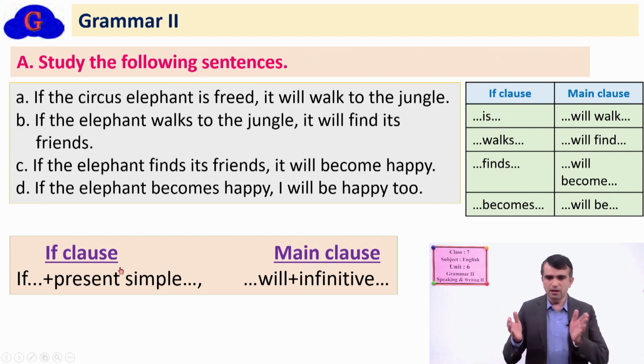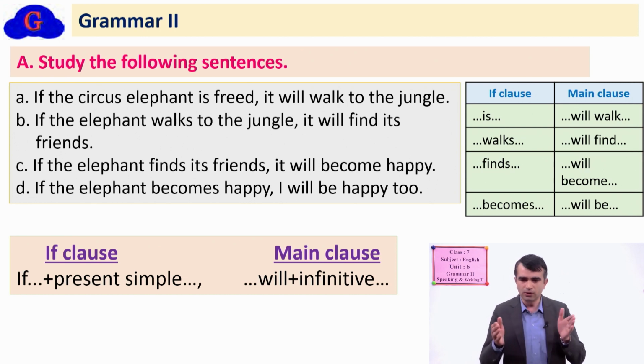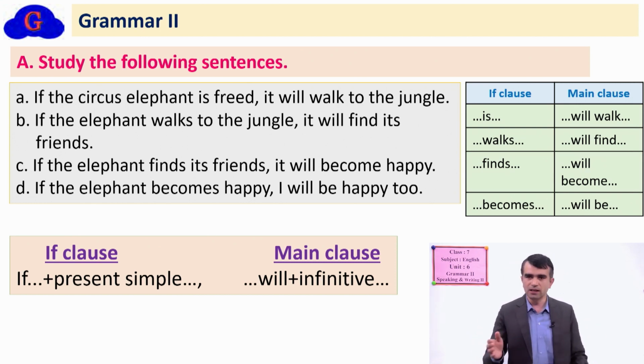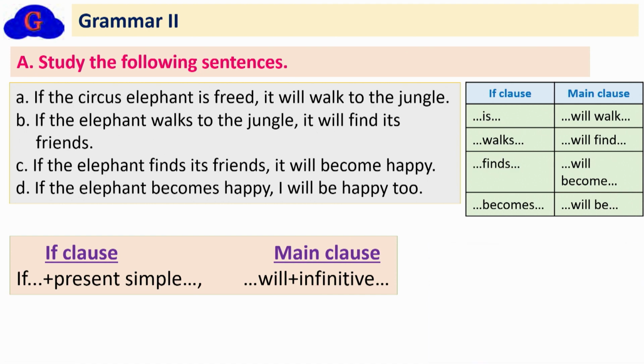Then in the main part, will plus infinitive, or will plus verb present, the infinitive without s or es, what we call verb 1. Now can you write other sentences using it?